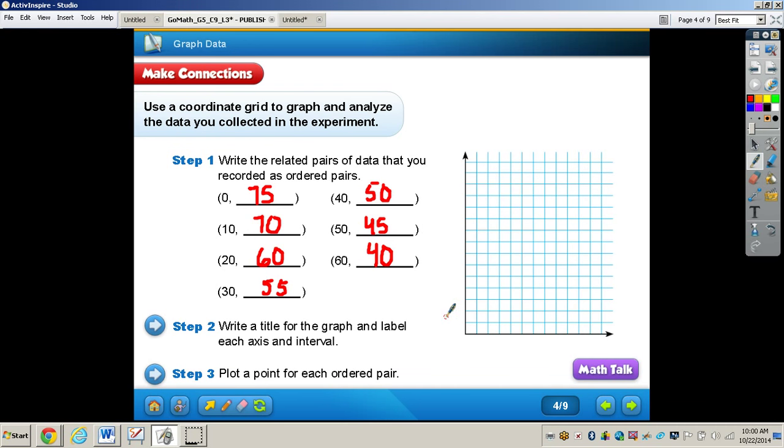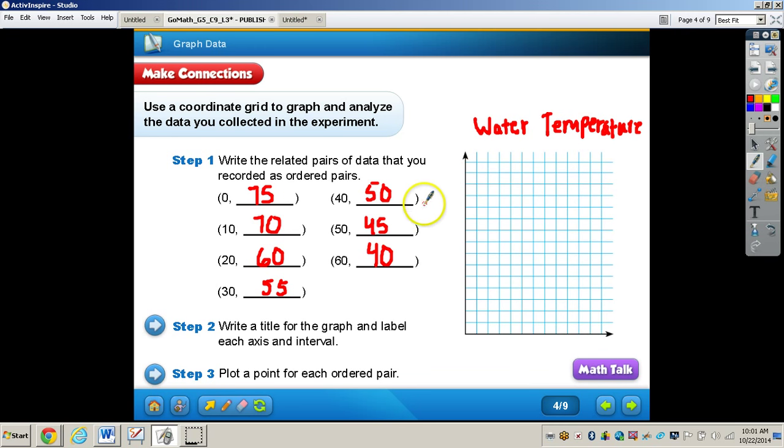However, before we do this, we need to write a title for the graph and also label each axis. So we're going to give our coordinate grid a title. We're going to call this water temperature. We're going to label the y-axis.